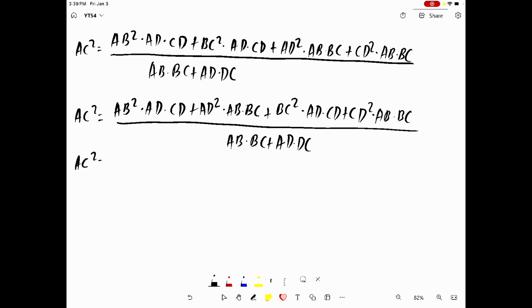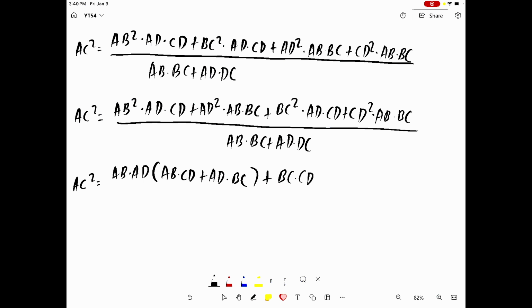AC squared is equal to AB times AD into AB times CD plus AD times BC. And then for our second two terms, it's also going to be pretty much the same thing. We're going to have plus BC times CD factorization, and this is going to be BC times AD plus BC plus AD times AB times CD.